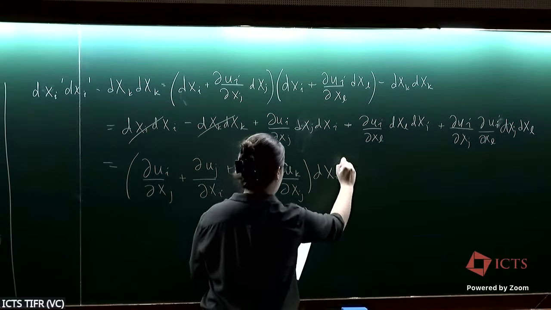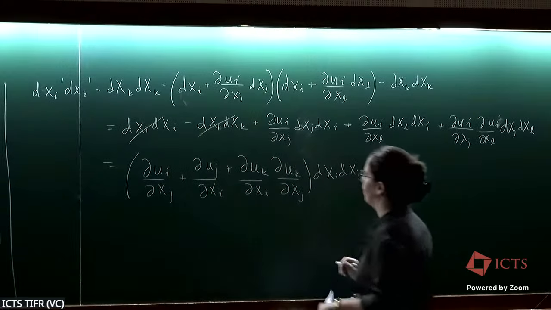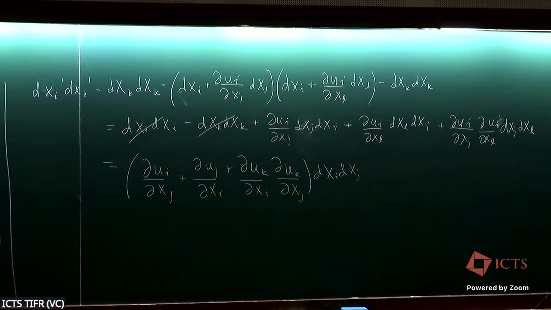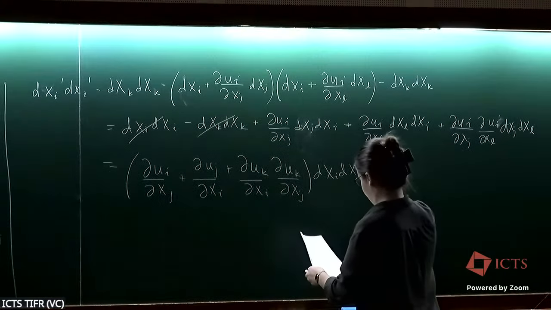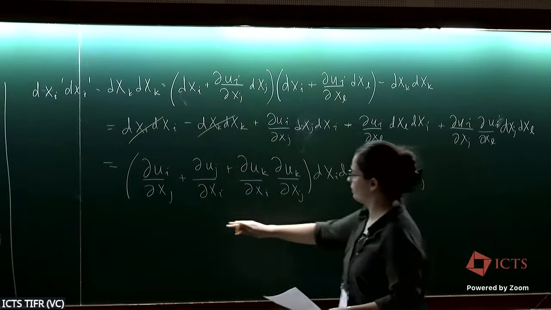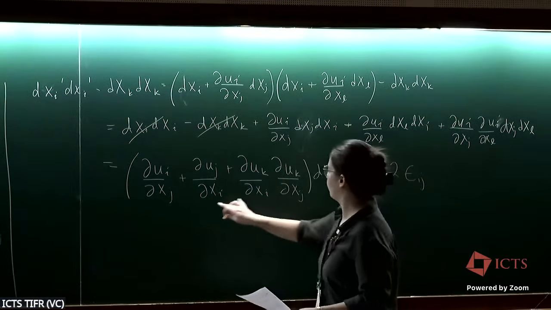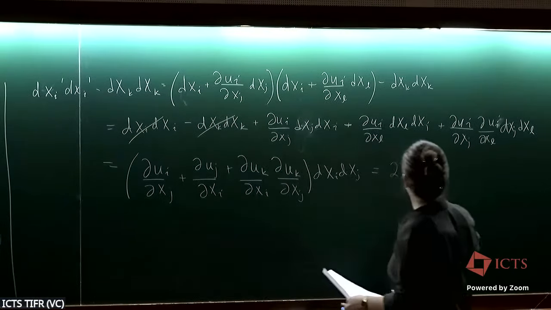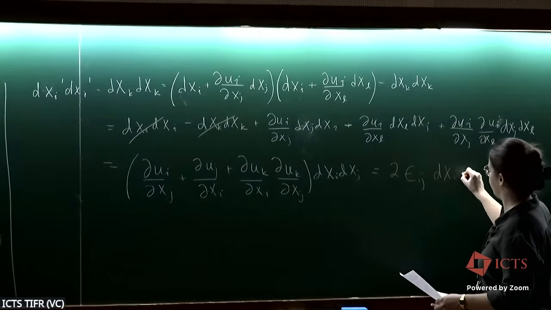And this is our first definition that we have gotten to. I'm going to call this quantity, which has two free indices, i and j, epsilon_ij, and pull out this dx_i dx_j.